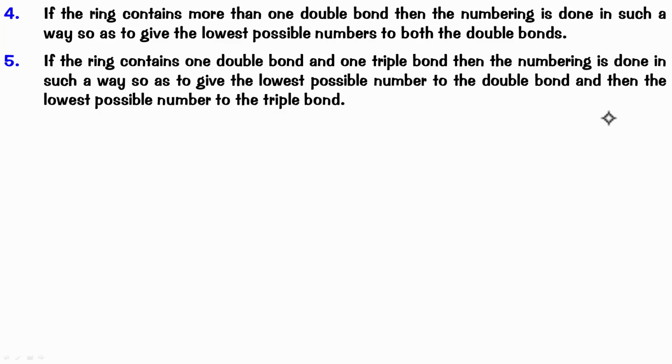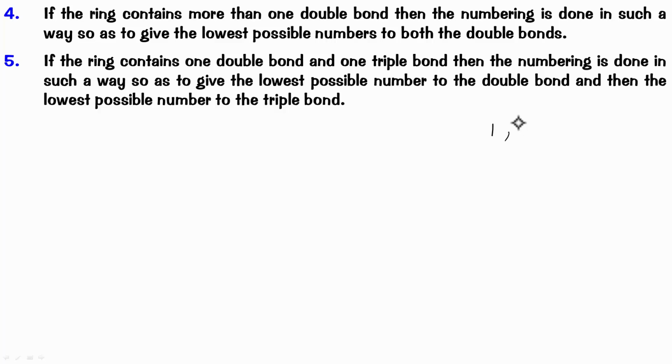But in case, let us say for example, there are two double bonds and one triple bond, and I am able to get the same numbers. I give 1 to one of the double bonds, and let's say I get 1 for the first double bond.